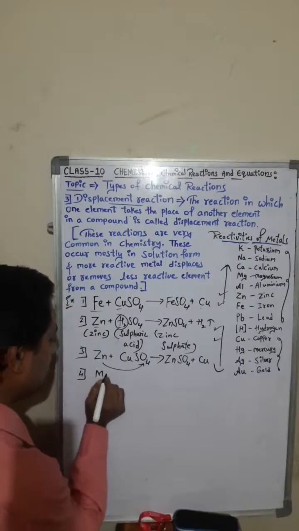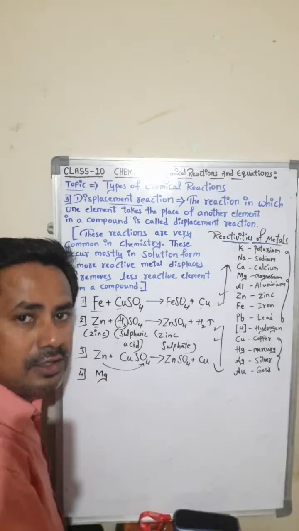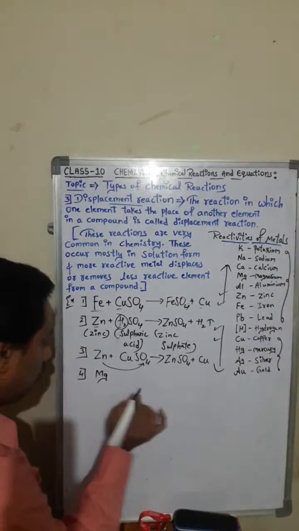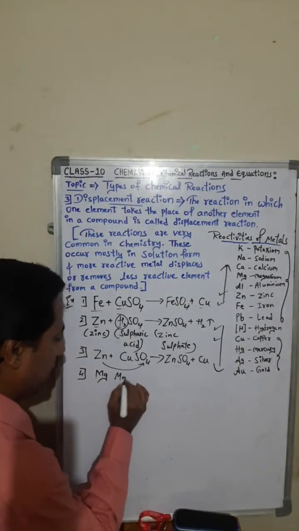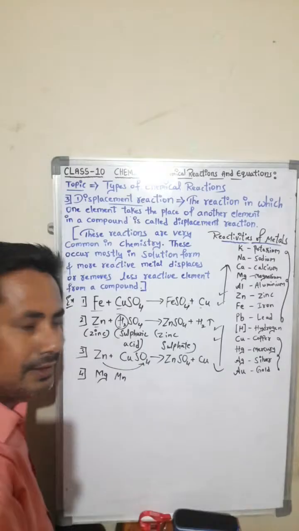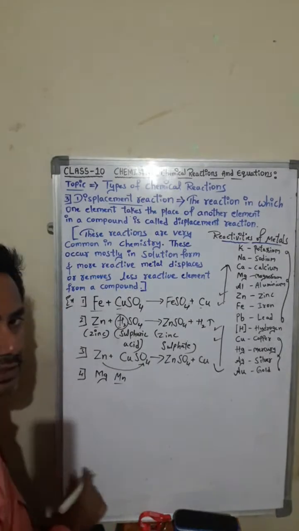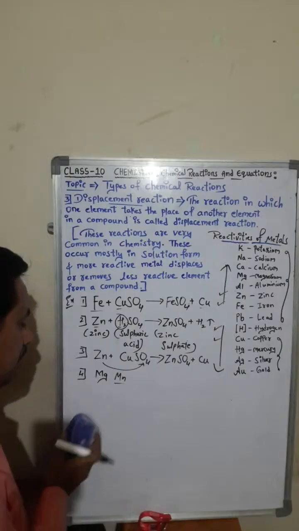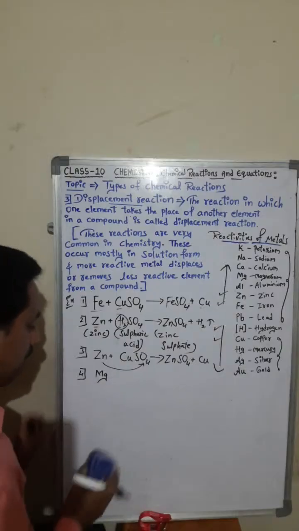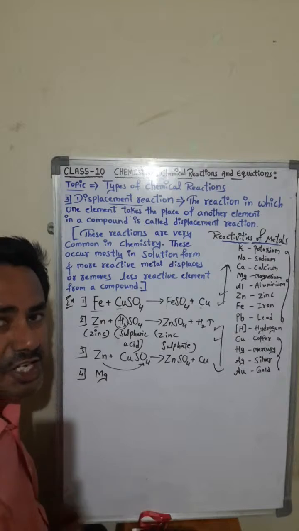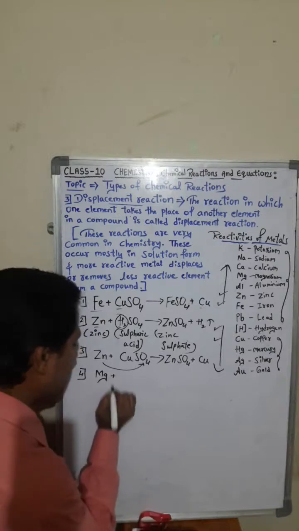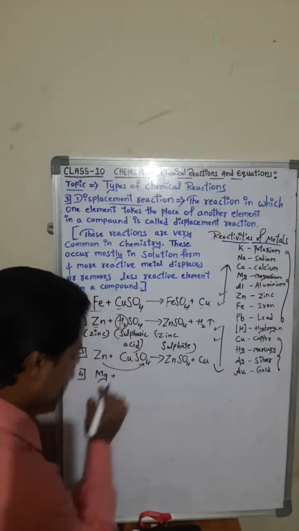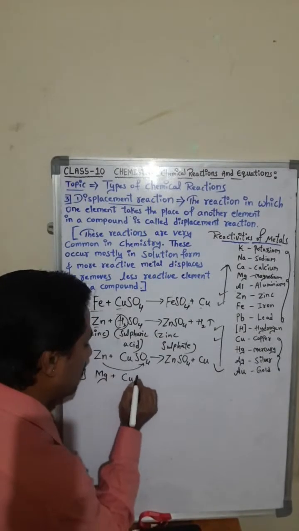Let's take a few more examples here. Mg. Mg means what? You have to remember, students, there is a little bit of confusion. Mg and Mn. Mn is manganese. Mg is magnesium, atomic number 12. When magnesium combines with, same, copper sulfate.